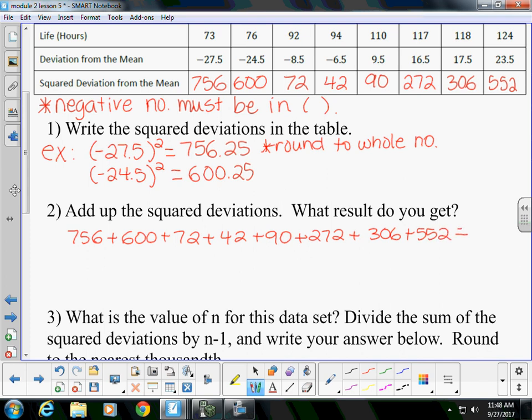I'm going to add all of those numbers up. This is why I'm having us round to the nearest whole number. I don't usually do that, but there's a lot of steps to this, and I don't want to miss any decimals. Okay, and I got 2,690 for my total.